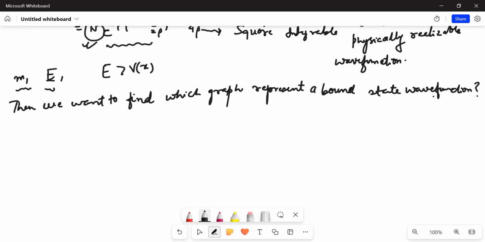A bound state wave function. Okay, so let us take the first example. Let's say, can this represent a bound state wave function, this graph?